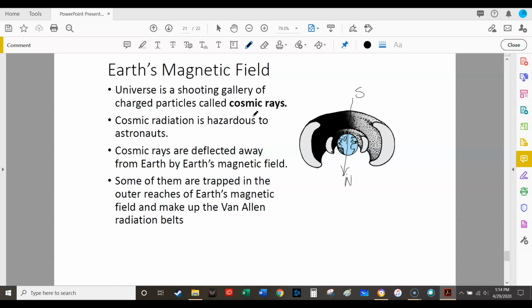And so what happens is the Earth's magnetic field makes up these kind of belts. They're called the Van Allen radiation belts, right? So these charged particles get trapped in the outer reaches of the Earth's magnetic field, right? So here's the Earth's magnetic field. And so you get all these charged particles that get kind of trapped, and they start to be almost orbiting just like that, right? So orbiting the Earth just like a satellite, sort of, due to the Earth's magnetic field.